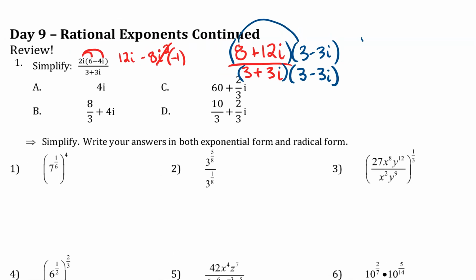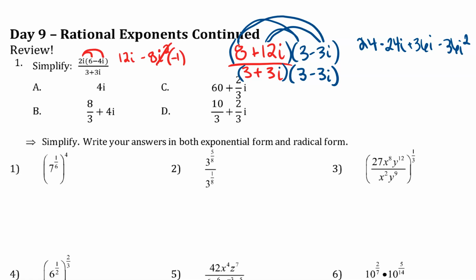8 times 3 is 24. 8 times negative 3i is negative 24i. 12i times 3 is 36i. And then 12i times negative 3i is going to be negative 36i squared.